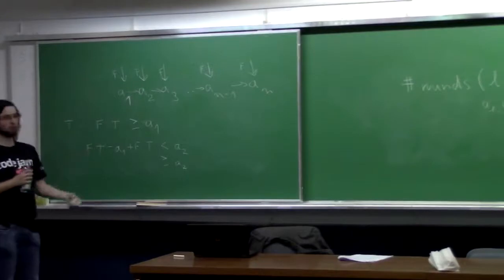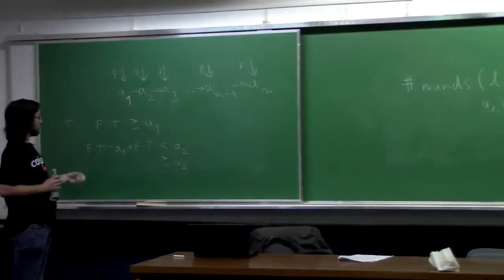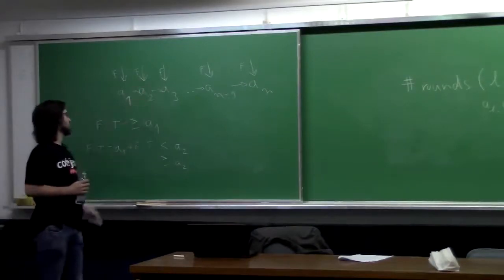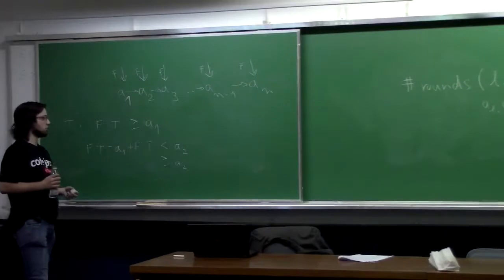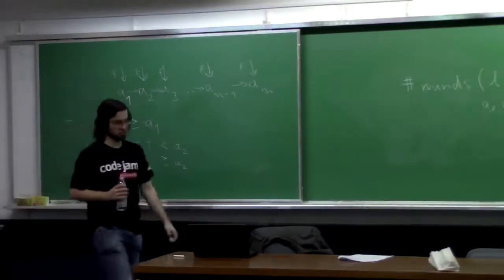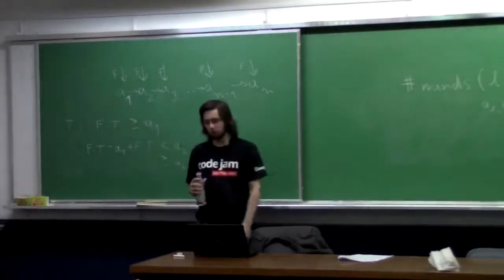And we can do the same thing with pond 3. We say that f times t from the direct valve plus f times t times 2 minus A1 flowed into it, and continue checking if this is smaller or greater than A3, and so on.